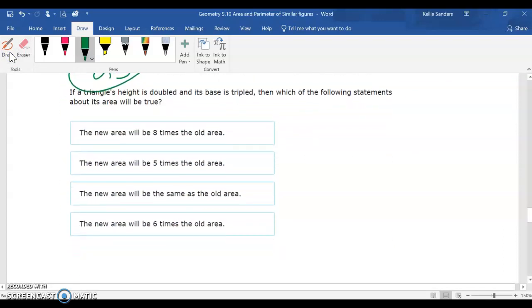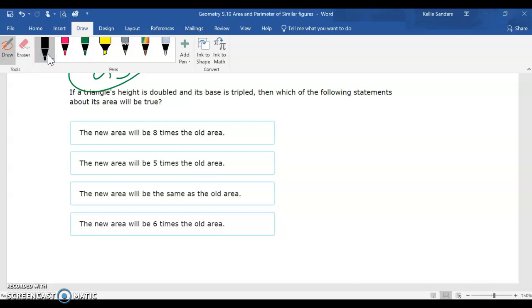If a triangle's height is doubled and its base is tripled, then which of the following statements about its area will be true? Okay, so this one's a little bit different because they're not being done the same way. So what we could do, we could just come up with some triangle. Doesn't have to be fancy.